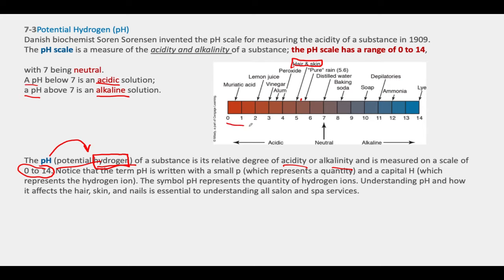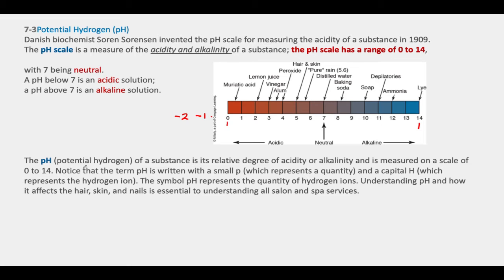That's the common range, while some numbers do go into the negatives as well, so we'll have -1, -2, but not much more than that. In those readings we can measure the pH scale, but generally it stays within 0 to 14.